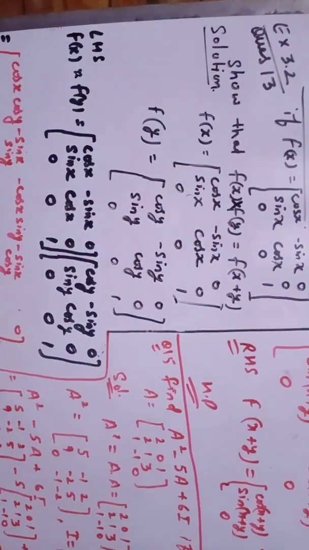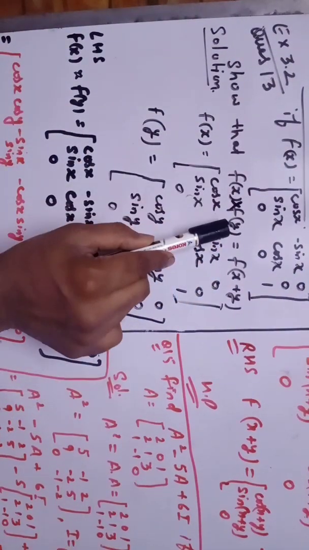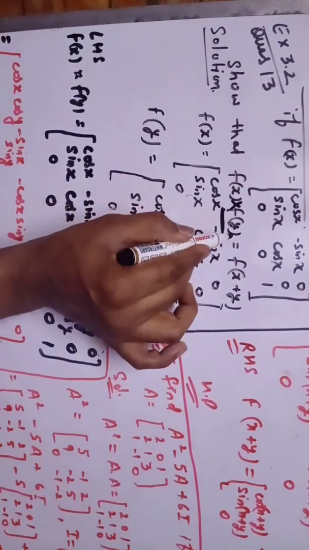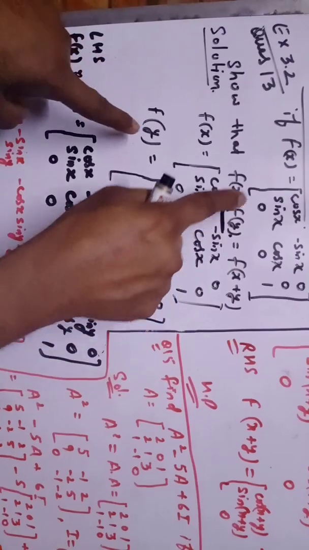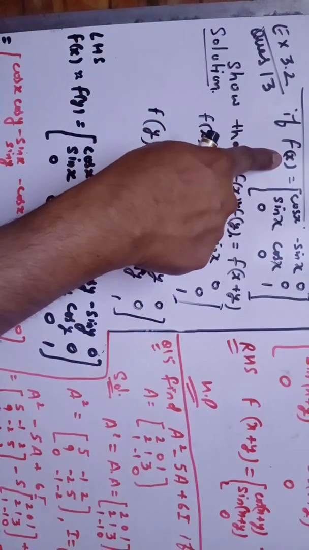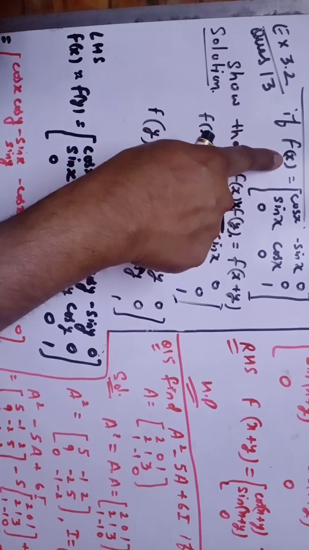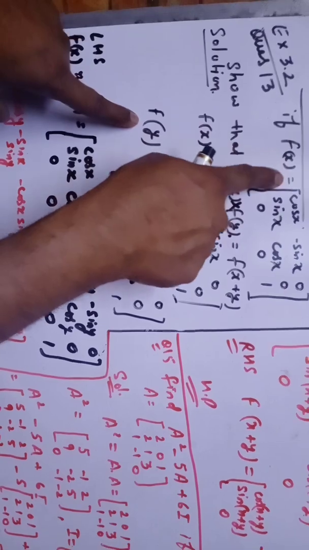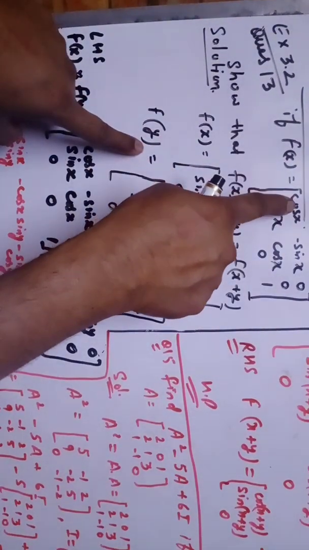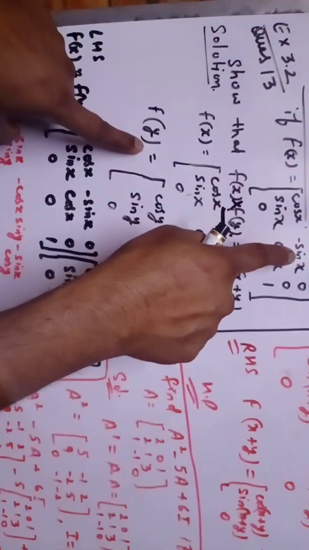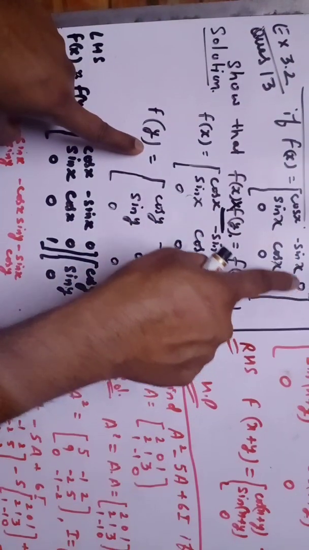If we want to change the variable, that is F(y), we change x: we place y at the place of x. So F(y) is cos y, minus sin y, 0.